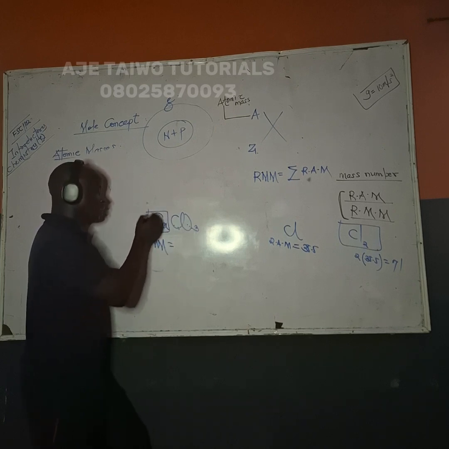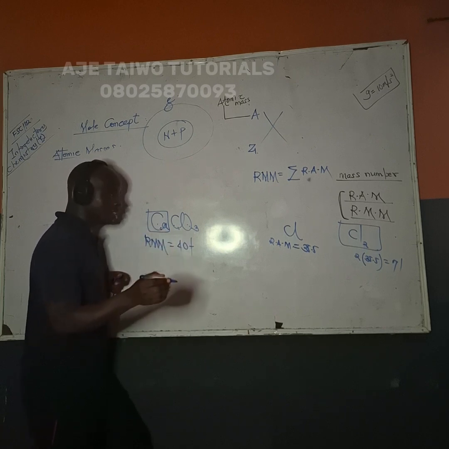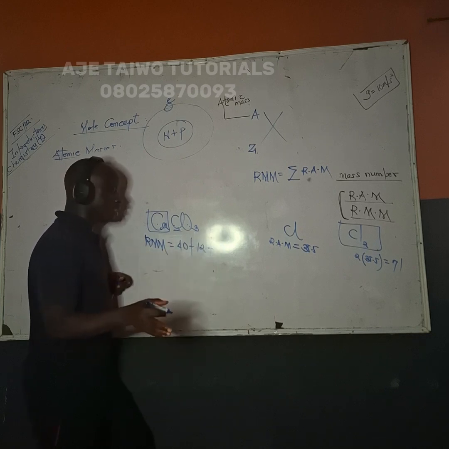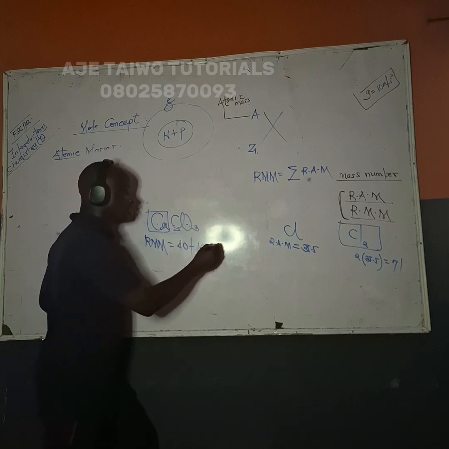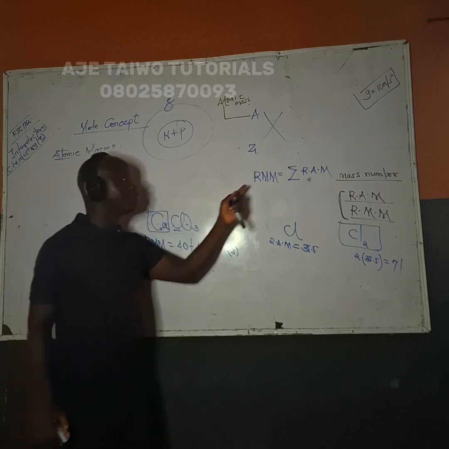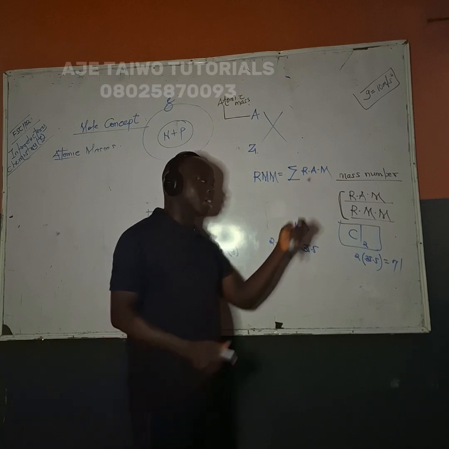What is the relative atomic mass of calcium? 40. Of carbon? 12. Of oxygen? 16 times 3. So relative molecular mass is the sum of the relative atomic masses.